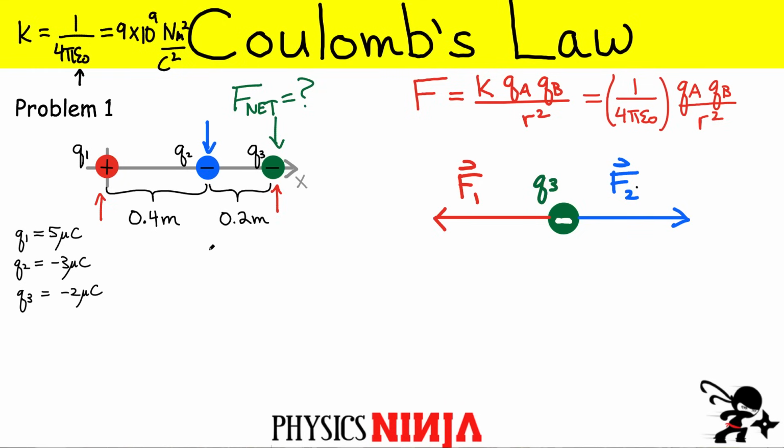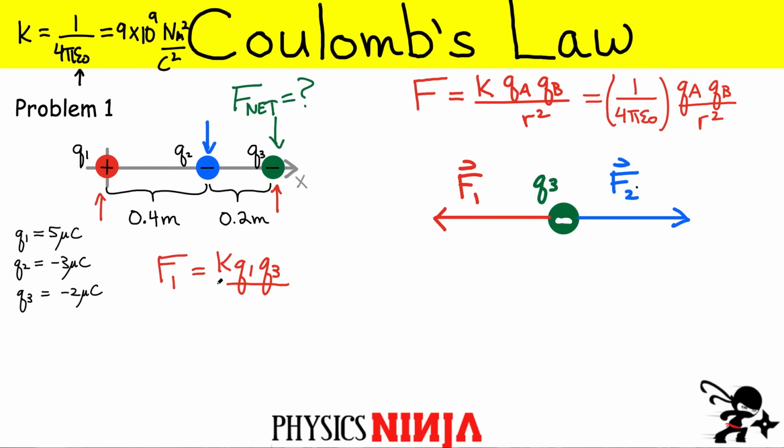So for the force F1, in order to find its magnitude, all you have to do is use Coulomb's law. So F1 is going to be equal to, let's use this first equation over here, K, our constant, 9 times 10 to the 9. Our first charge is going to be Q1. Our second charge is going to be the charge Q3, the one we're interested in.